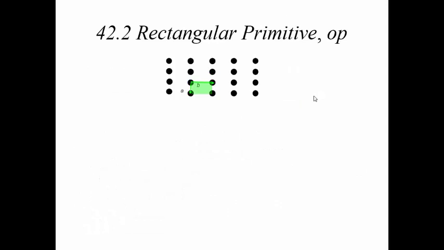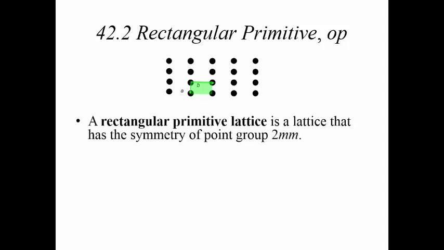So now let's look at the rectangular primitive. Here we have a rectangular lattice. It has symmetry 2mm. You can see the twofolds and the mirrors. Here are the twofolds, of course, carried from the previous one, and the mirrors are going to be here and here.